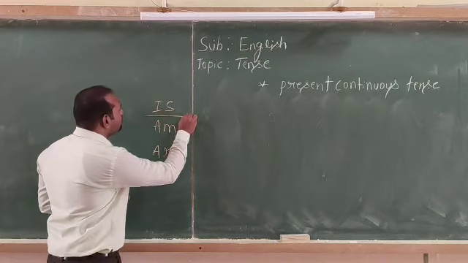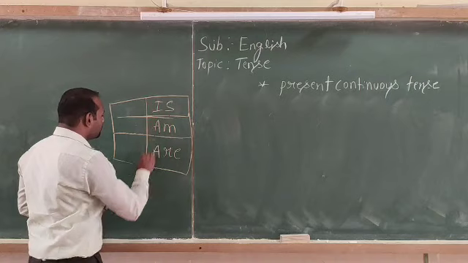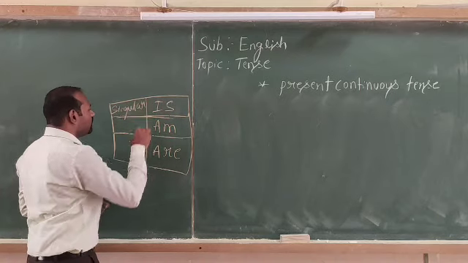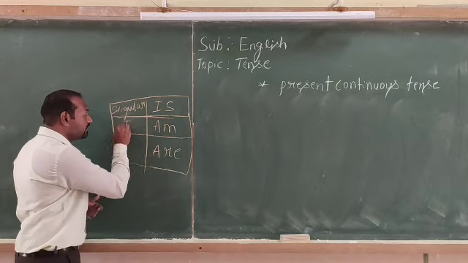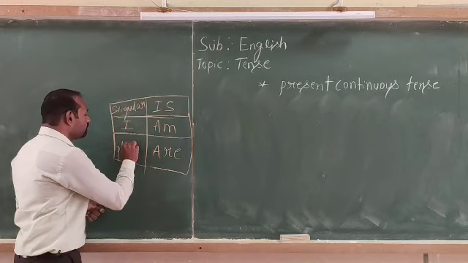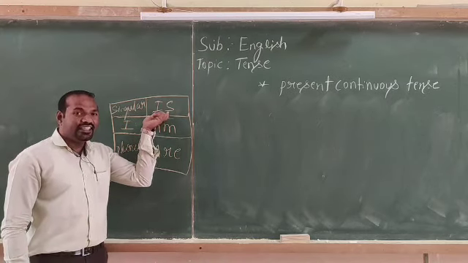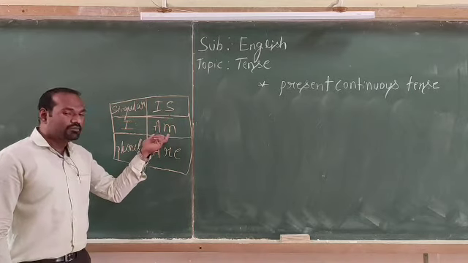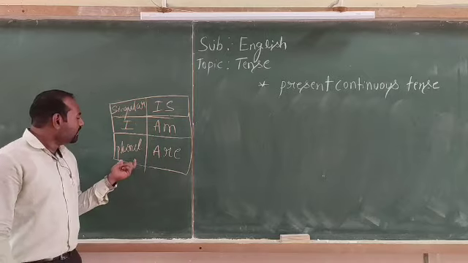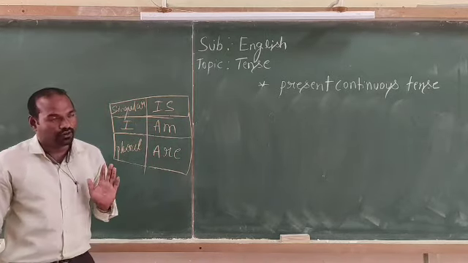'Is' is for singular, 'am' is used for first person singular, and 'are' is used for plural. If the subject is singular, we use 'is' as a helping verb. If the subject is first person singular, I, we use 'am' as a helping verb. And if the subject is plural, we use 'are' as a helping verb.